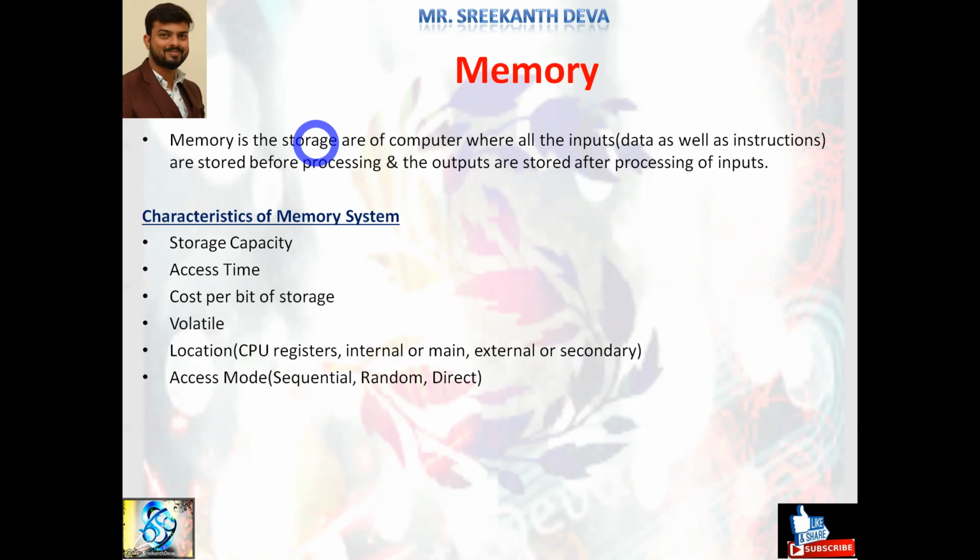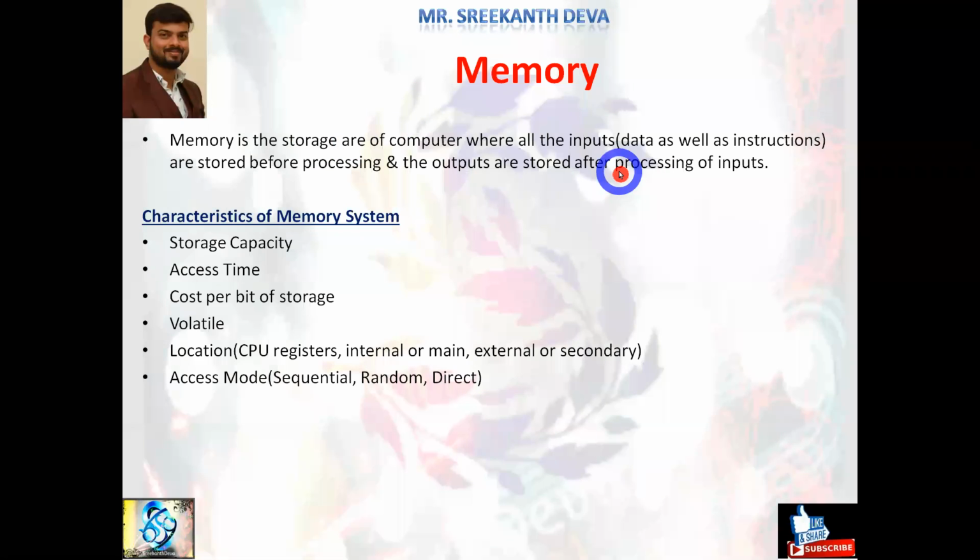Every operation, before processing, after processing, or any kind of calculation, is done with the help of a storage area. Without storage, it is very difficult to perform any operation in the computer. That's why memory takes a vital role in the computer.